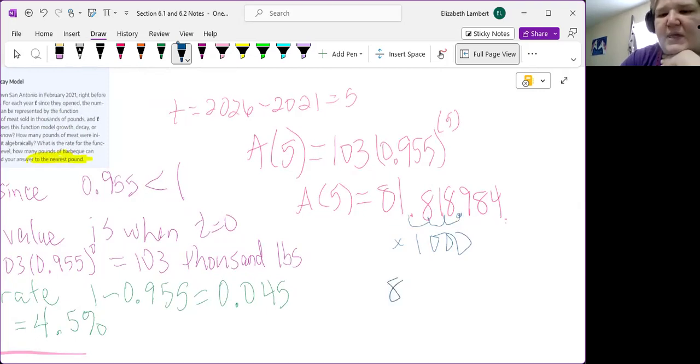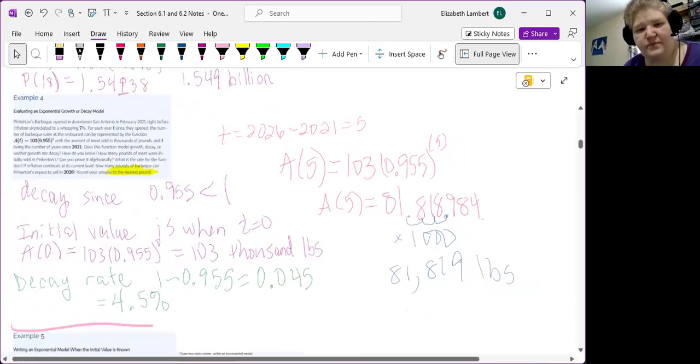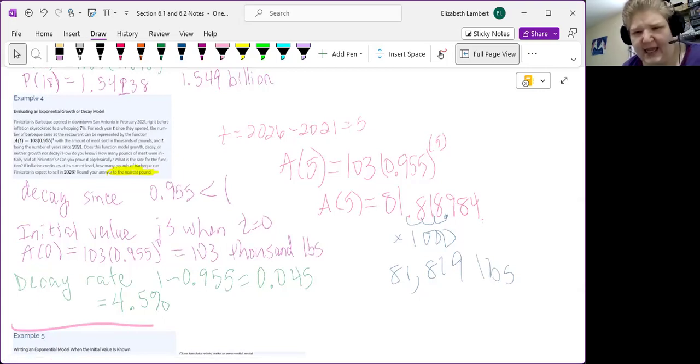So this would be 81,819 pounds of meat. Now, if they ask that on web work, they should take 81,819, but I could see them wanting 81.819 just because web work can be annoying.